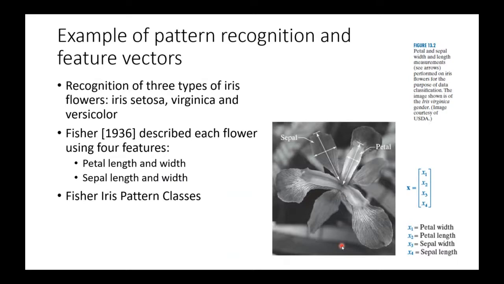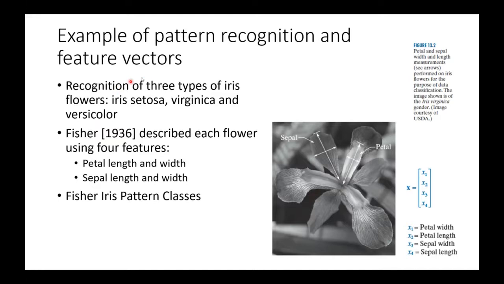Examples of pattern recognition and feature vectors. One of the most classic examples was used by Fisher, the same one that created the linear discriminant analysis. Actually, Fisher created the linear discriminant analysis very early in the 20th century, around the 30s.